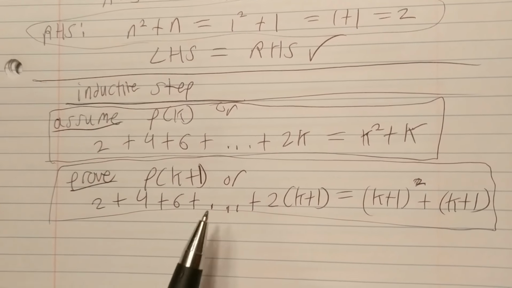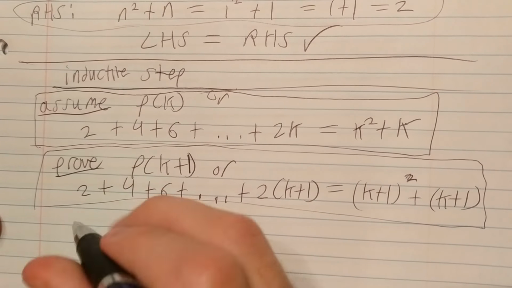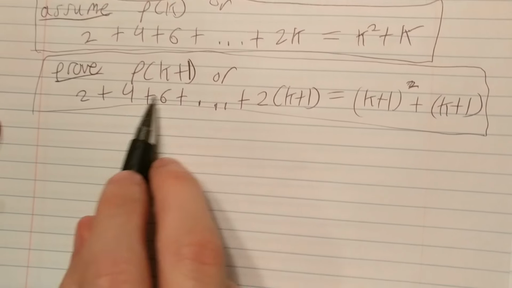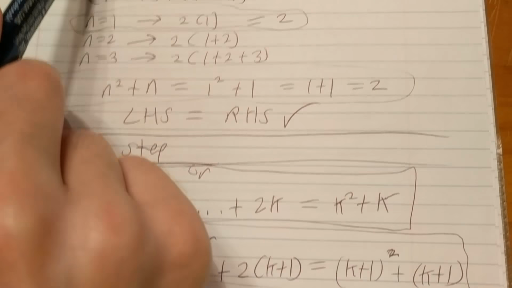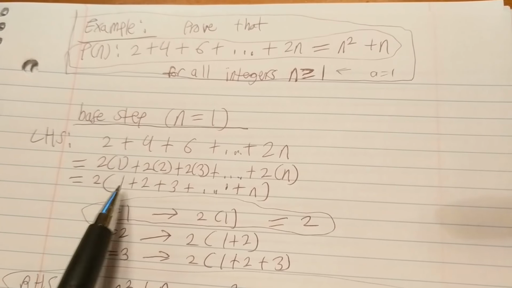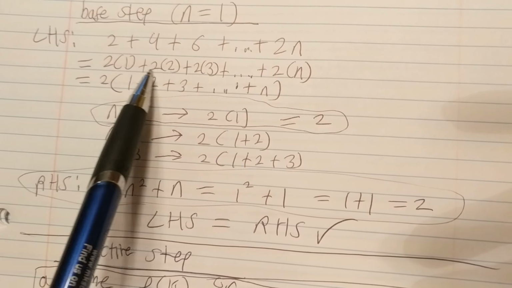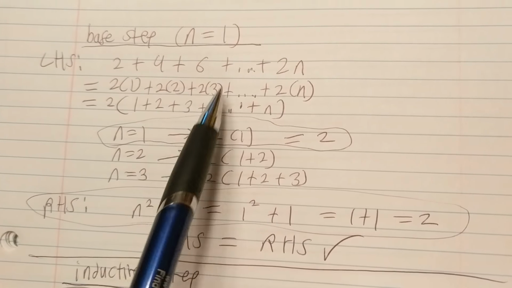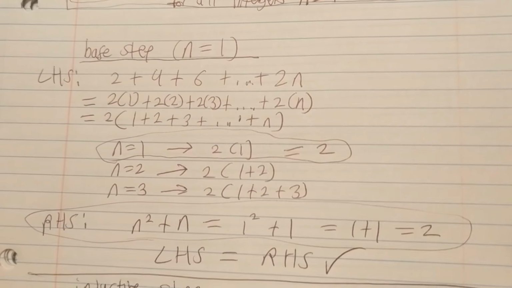So let's start with the left-hand side of what we're trying to prove. It's this same left-hand side over here, which we draw out in this simpler form. 2 times 1 plus 2 times 2 plus 2 times 3 all the way up until 2 times, in this case, k plus 1.